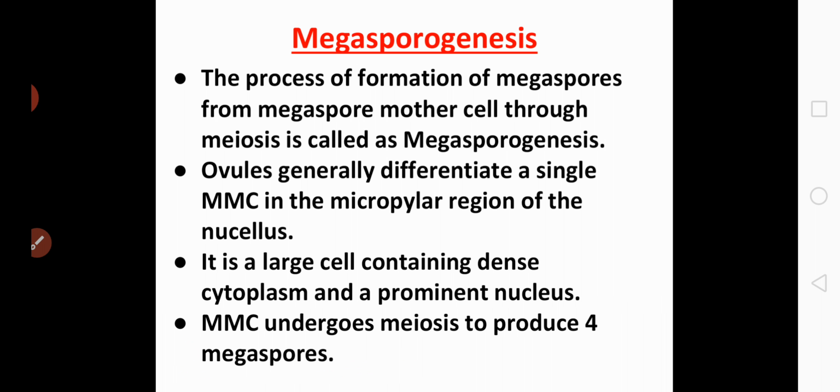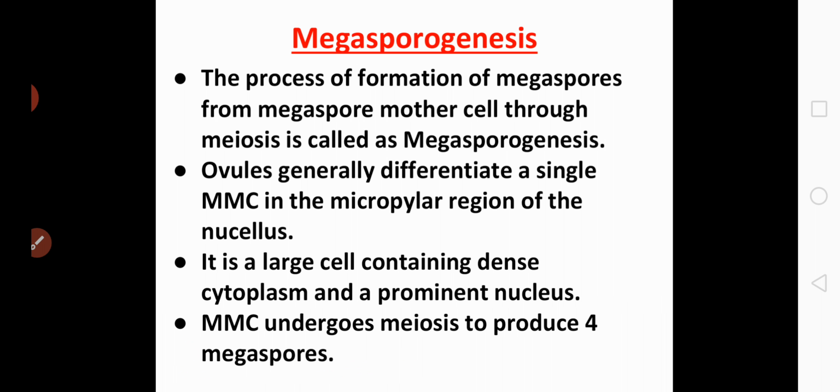Coming to the process of megasporogenesis, in young ovule, there is no embryo sac within the nucellus. That means within the nucellus, embryo sac is entirely absent, or female gametophyte is entirely absent.